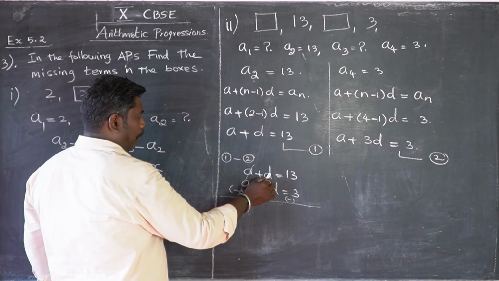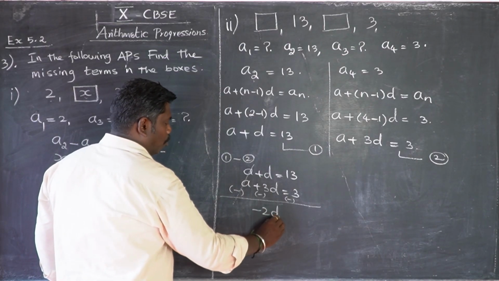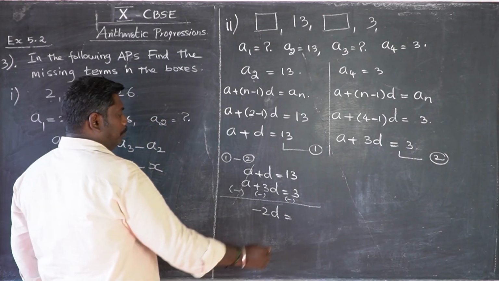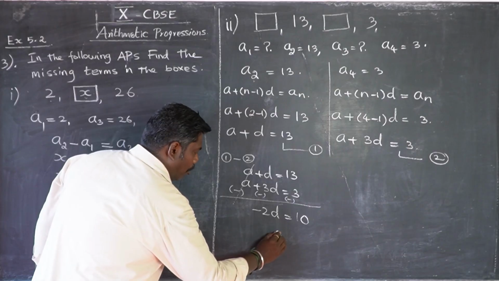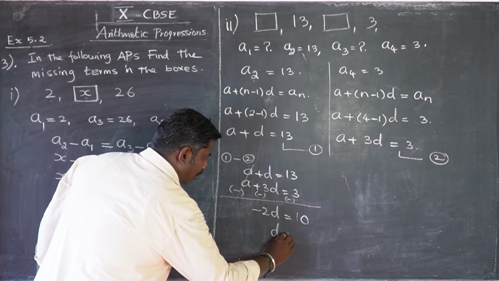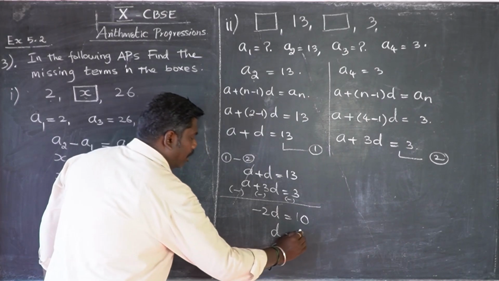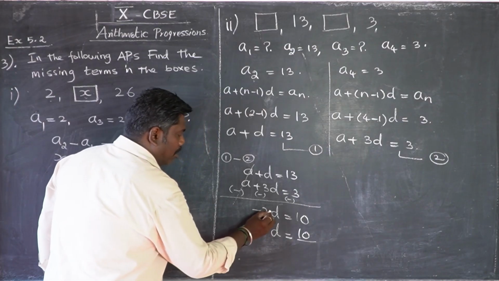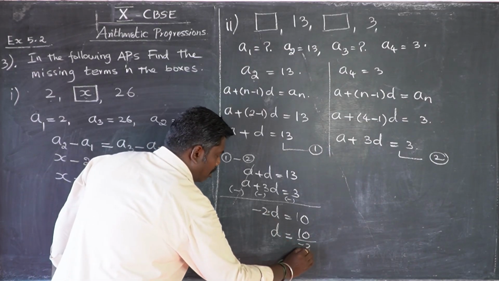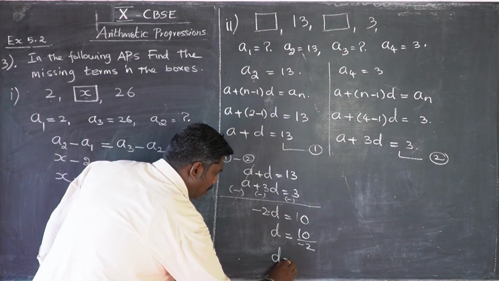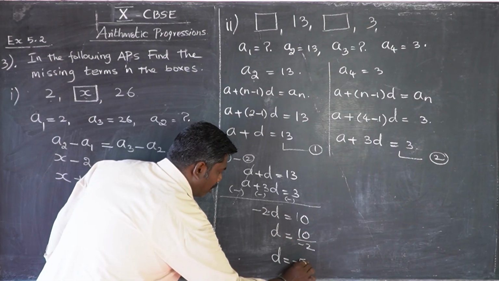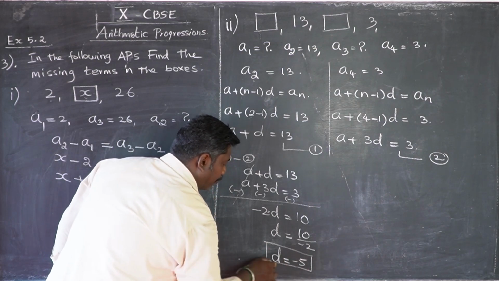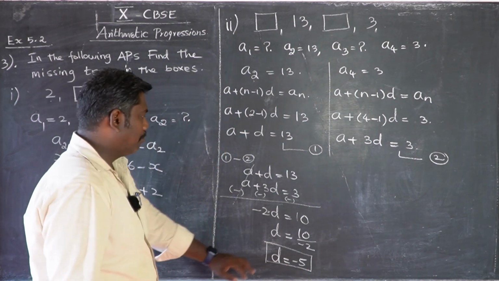Minus 3d and plus d becomes minus 2d. 13 minus 3 becomes 10. Now from this we can find the value of d. The 2 changes into division. Therefore d is equal to 10 by minus 2, so 2 fives are 10. So d value is minus 5.